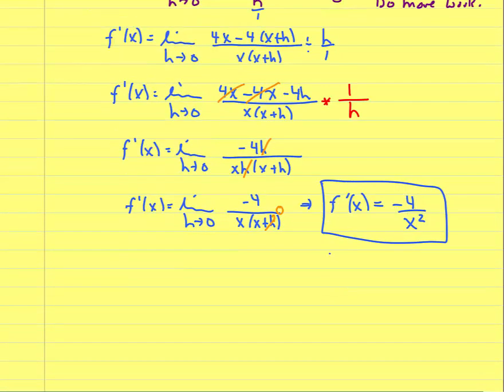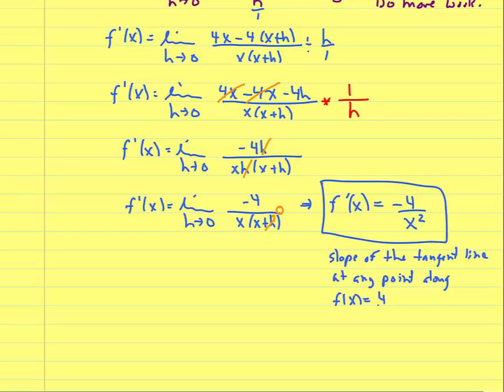This is the slope of the tangent line at any point along f of x equal 4 over x. Except, remember, x cannot equal 0. And the reason x cannot equal 0 is my function is undefined at 0.